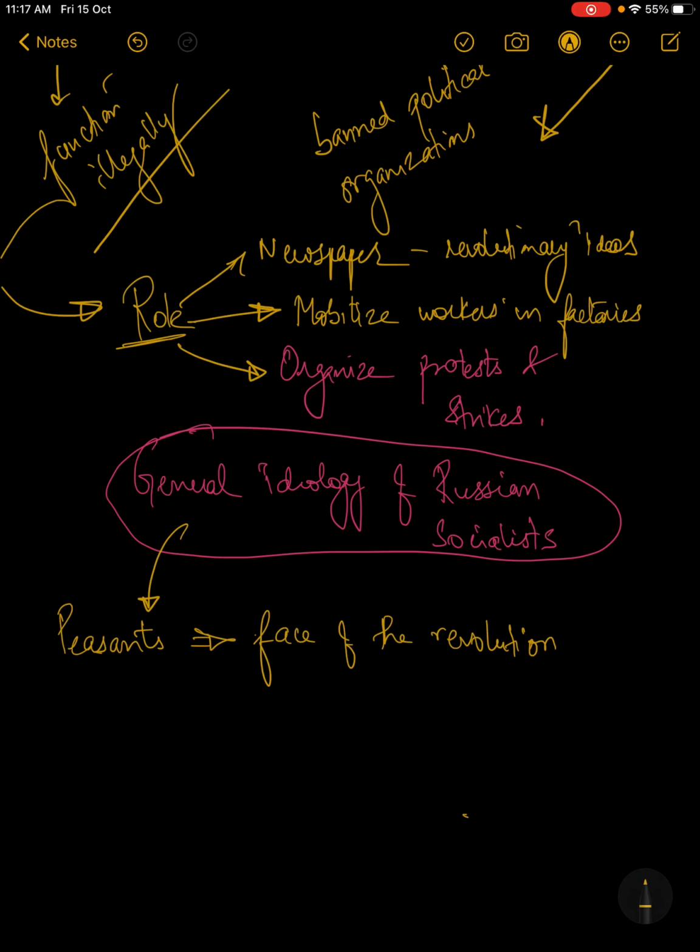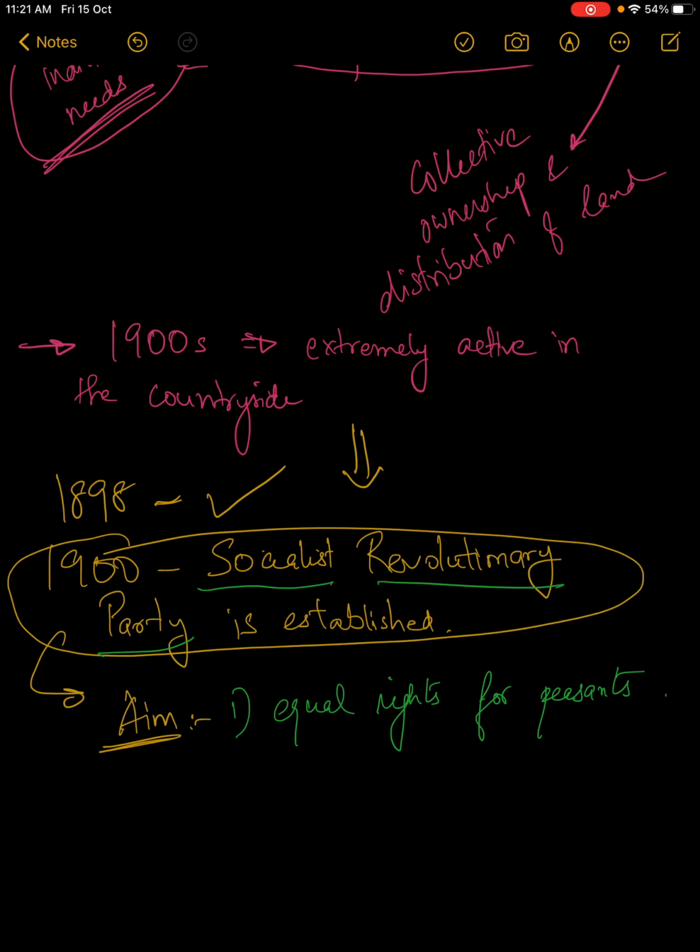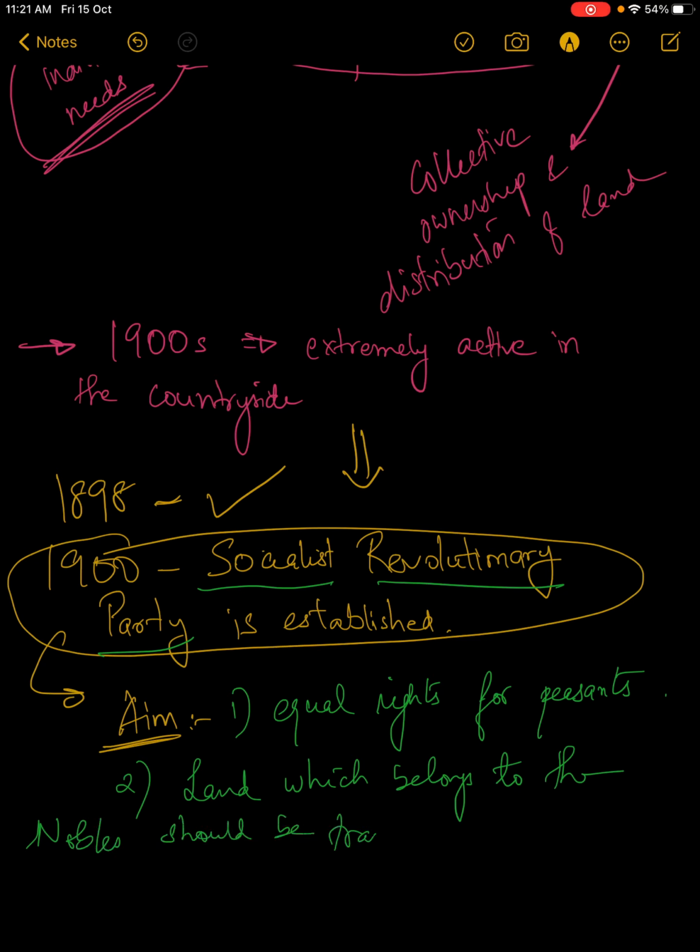It demanded equal rights for peasants, and it said that the land which belongs to the nobles should be transferred to the peasants.